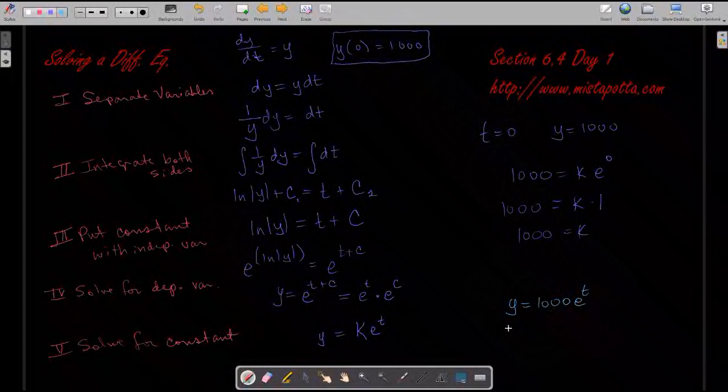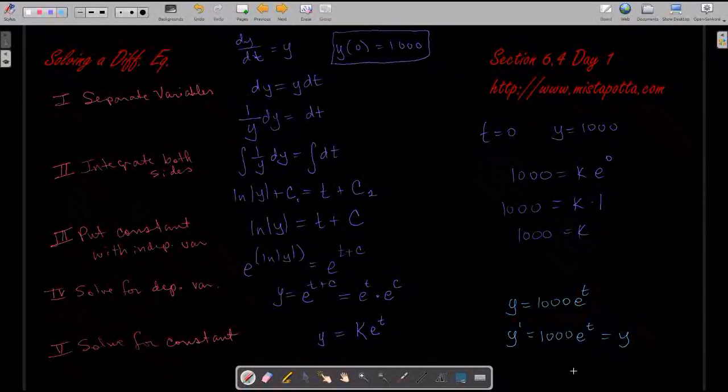And if I wanted to check, the derivative of this is going to be 1,000 times the derivative of an exponential, which is my exponential. Notice that y prime in this case really and truly is equal to y. So these 5 steps are how we need to solve a differential equation.